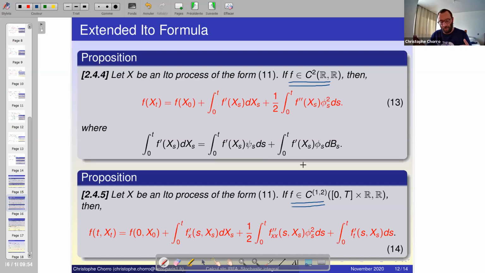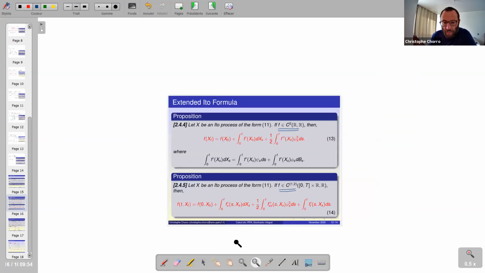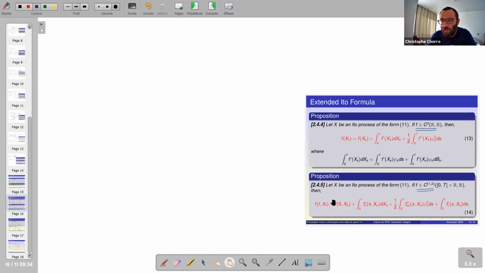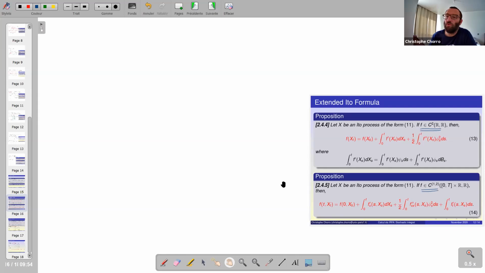And now, what is nice with the notion of generalized Ito process is that I don't need the fact that f prime and f second are bounded, okay? So just let me explain why. In the previous case, the fact that I imposed for f prime and f second to be bounded was in order to give sense to the Riemann and stochastic integrals involved in the Ito formula.